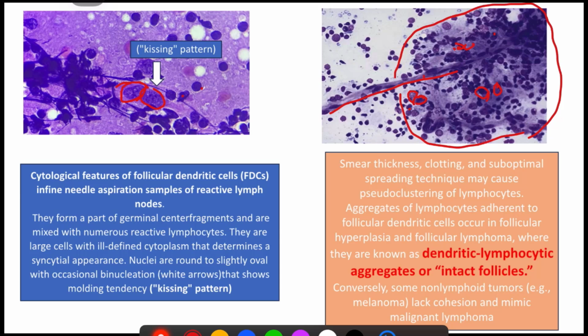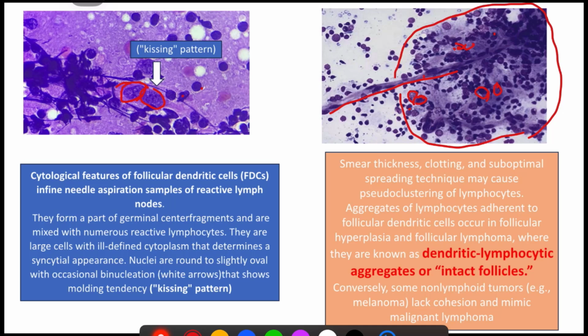Why? Because the lymph node has a very low amount of stromal component. So when you aspirate, these cells are easily dispersible. So cells are singly scattered because of low stroma.